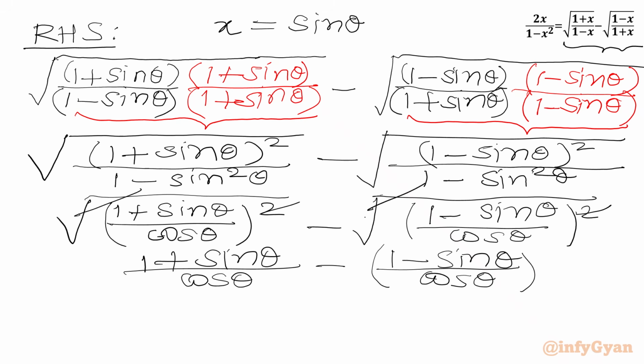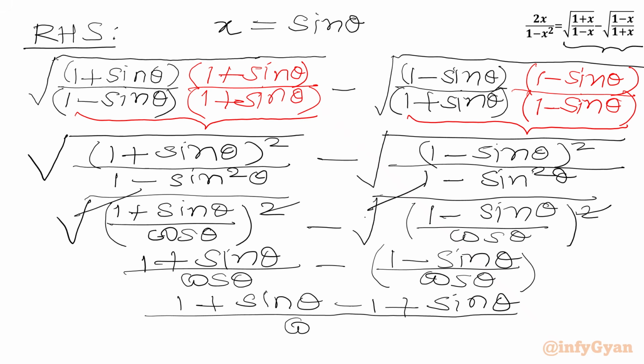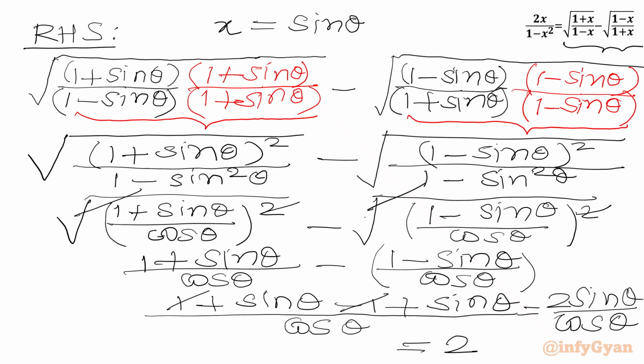Now we are going to combine. We will write 1 plus sine theta minus 1 plus sine theta in the numerator and cos theta in the denominator. So plus 1 minus 1 will cancel, and we get 2 sine theta over cos theta, which is nothing but 2 tan theta.